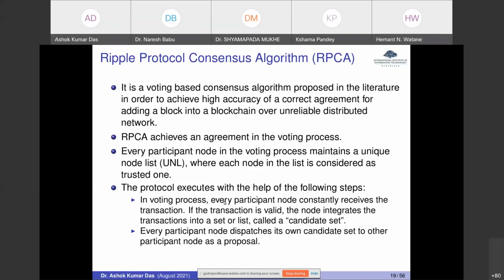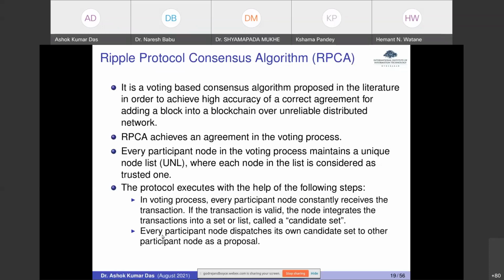The protocol is executed with the help of the following steps. During the voting process, every participant will receive transactions. Once a transaction is considered valid, that node integrates the transaction into a list known as the candidate list.